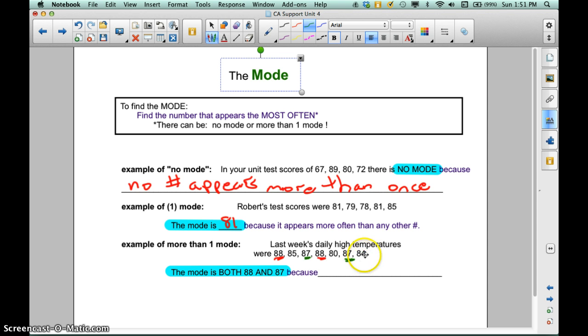Since they both appear twice, and nothing appears more than 2 times, the mode is both 88 and 87.